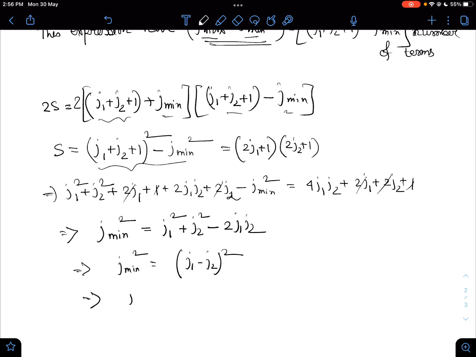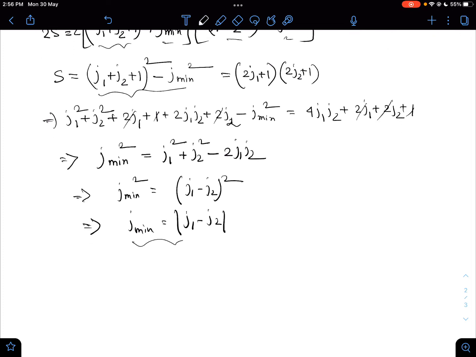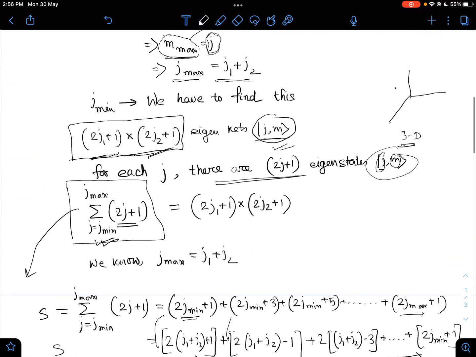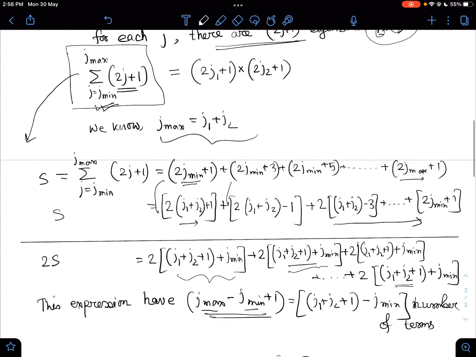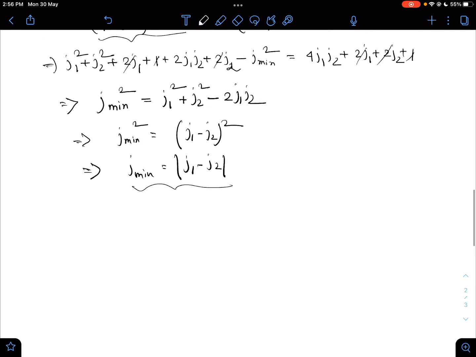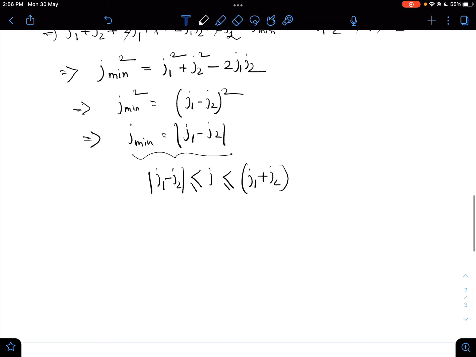So J minimum is the modulus value of J1 minus J2. So we got our minimum value and we also got our maximum value. So what is the range of J? J can run from the mod value of J1 minus J2 to J1 plus J2, in steps of 1.